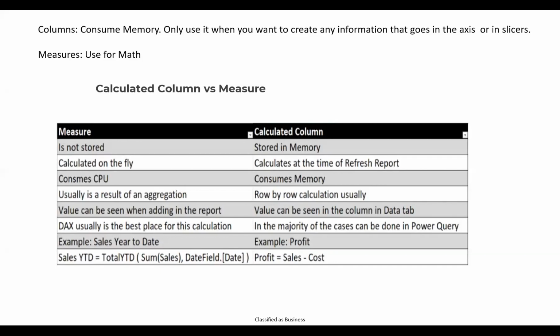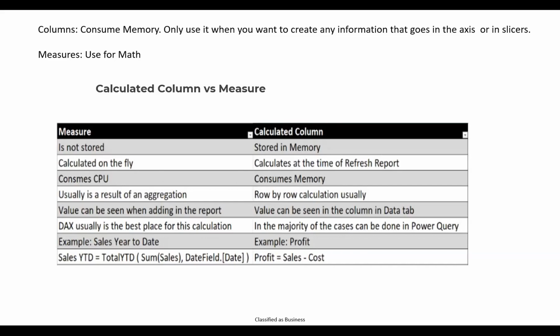Yes, no. We cannot see it. If you are creating a measure, you have to drag and drop it onto the reporting canvas. Then only we can see the output of it, as per the calculation that you have created. But if you are using a calculated column, you can see the value for each and every row. You can see the value on the data tab or data view.